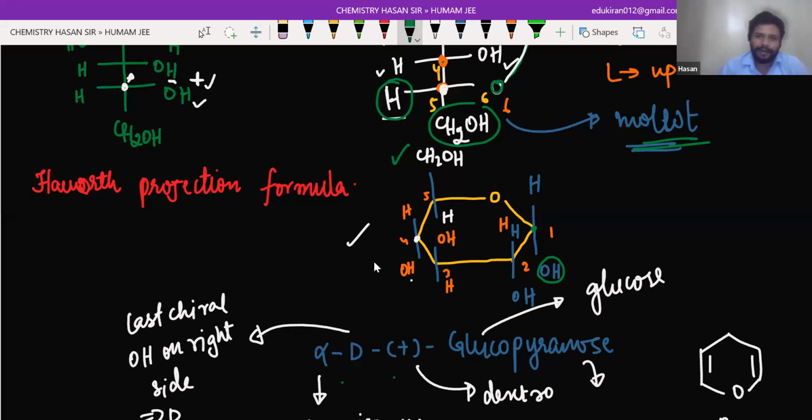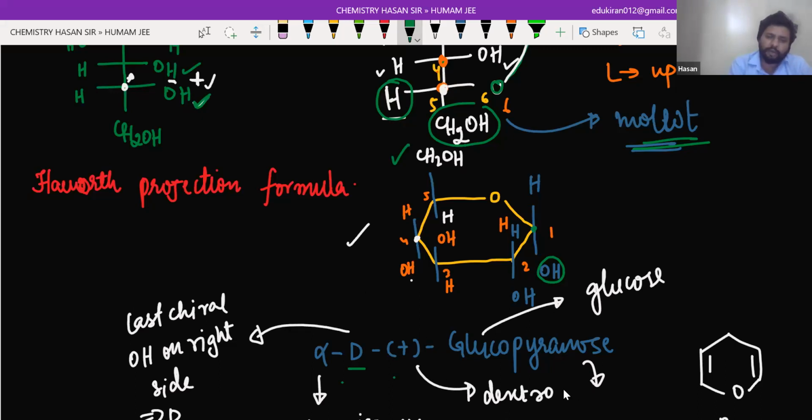That is the isomer. Capital D represents the last chiral carbon. If you have OH on the right hand side, then it is D. And if you rotate this and shift it to the left hand side, then that will be capital L. This is different from a small l or a small d.